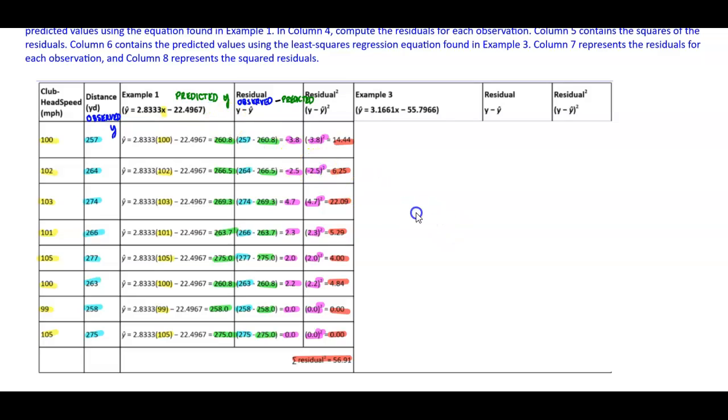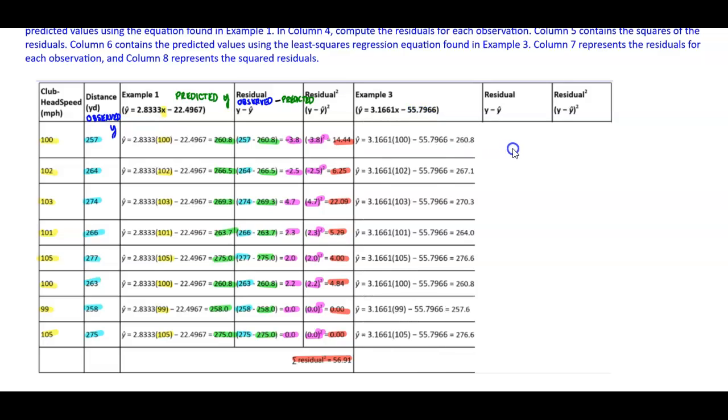Okay? Now, we're going to look at the new equation, which is the example 3 equation. And here's the equation. Y hat is equal to 3.1661x minus 55.7966. So we're going to do the same thing in this equation. We're going to take the values of x again, and plug them into this new equation.